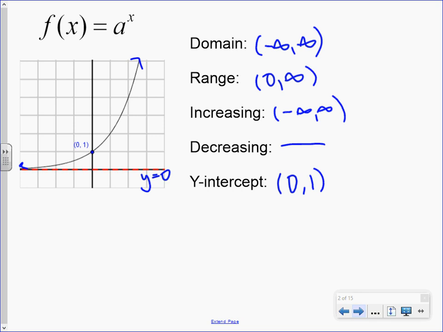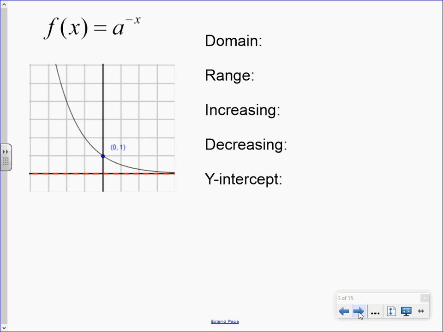All right, if we make this a to the negative x, what's going to happen graphically? It's going to always decrease instead. Everything looks the same except we have that reflection. And now we have exponential decay. So when we have a positive exponent, we have exponential growth. Negative exponent, we're going to have exponential decay.